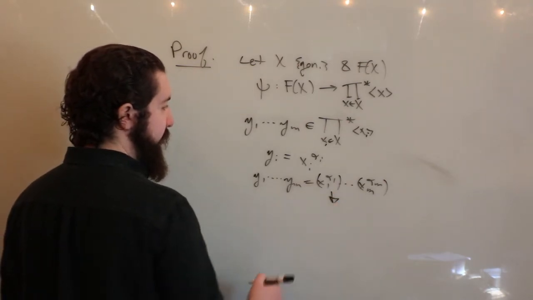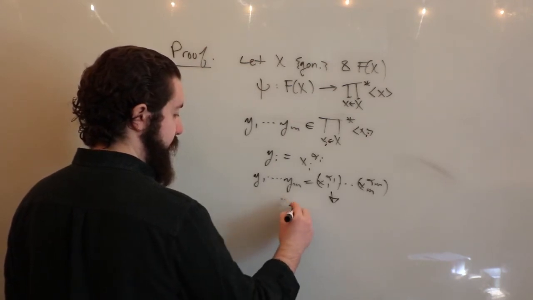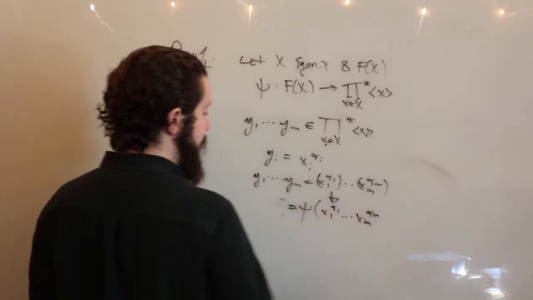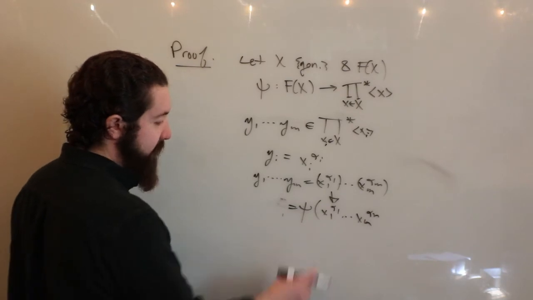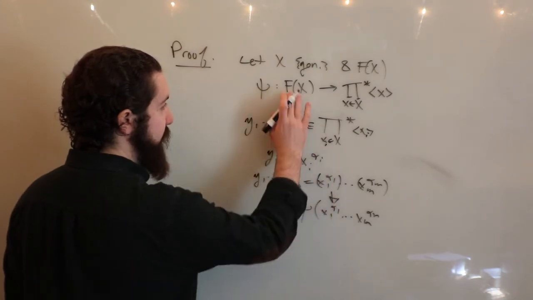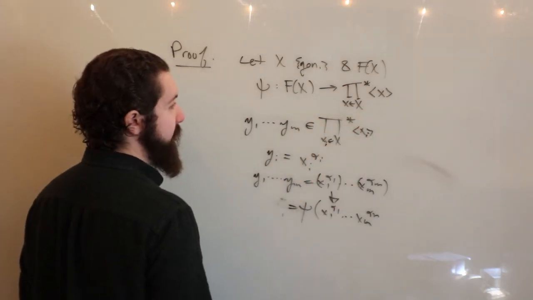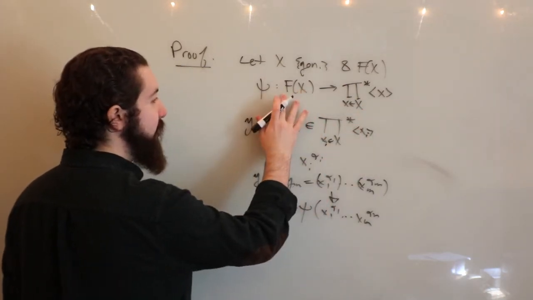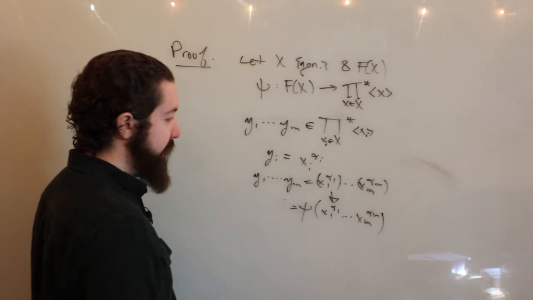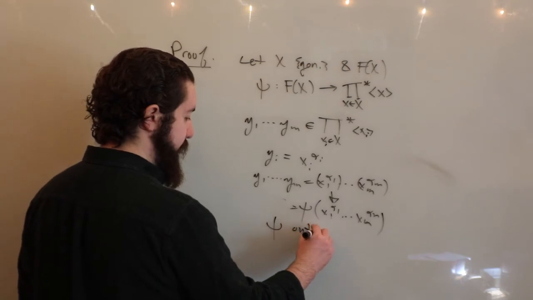And this has a very clear pre-image under psi, which is psi of x1 to the alpha 1 all the way up to xm to the alpha m, where again these x1s are technically different, very subtly different, from these x1s in that these are members of the free product group and these are members of this free product group. So the free group versus the free product group over here will be confusing. But this is a very clear pre-image for every such reduced word in the free product. So we see that psi is an onto mapping.